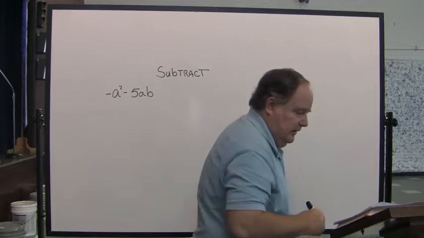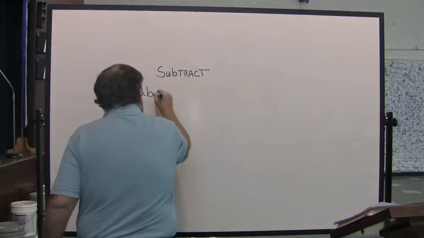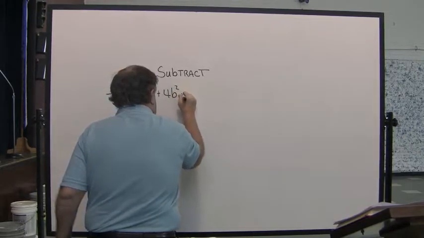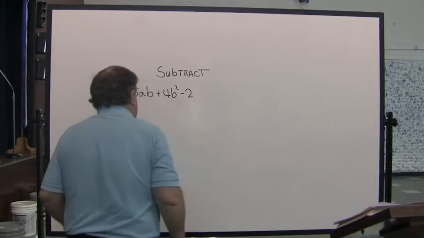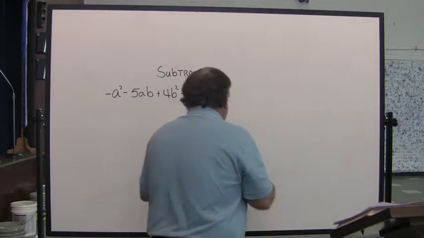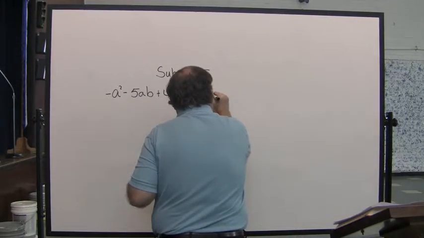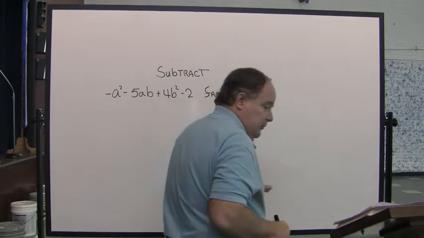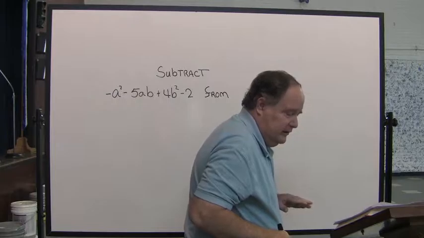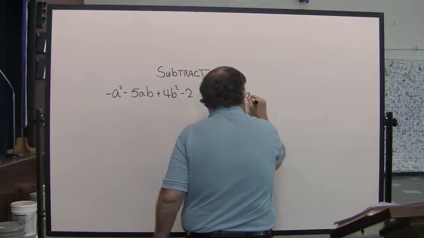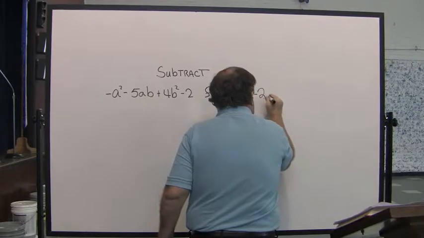Okay, we're going to subtract this from. See how they're writing this down? They're not really writing it down in algebraic form. We're going to subtract it from 3a squared minus 2ab.